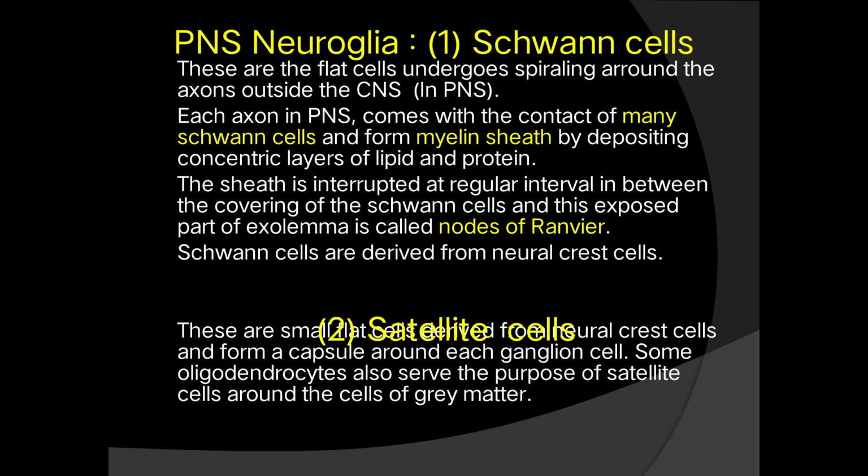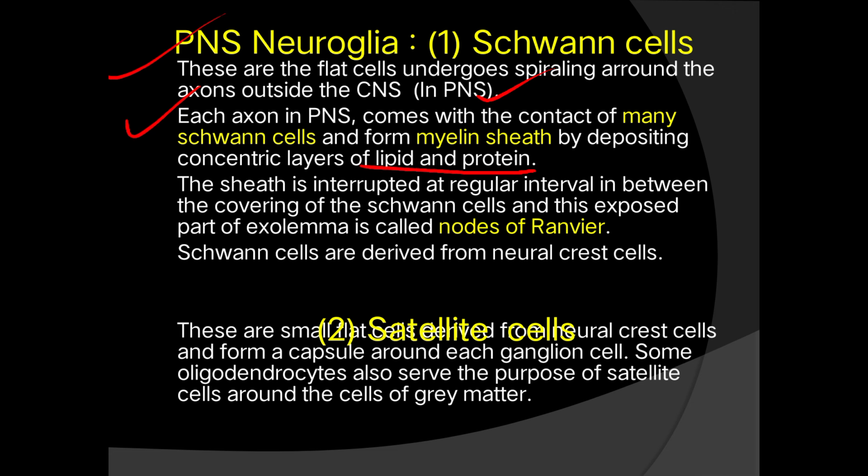Now the neuroglial cells of the peripheral nervous system. There are two types of cells, Schwann cells and satellite cells. Schwann cells are flat cells that spiral around the axon outside the CNS, that is, inside the PNS. Each axon in the PNS comes in contact with many Schwann cells, which form the myelin sheath by depositing concentric layers of lipid and protein.